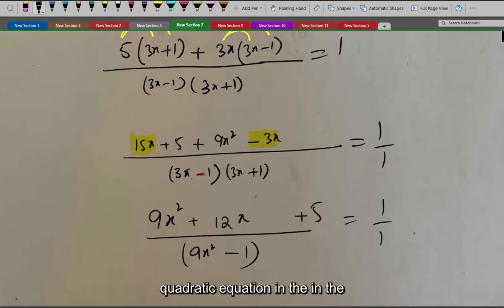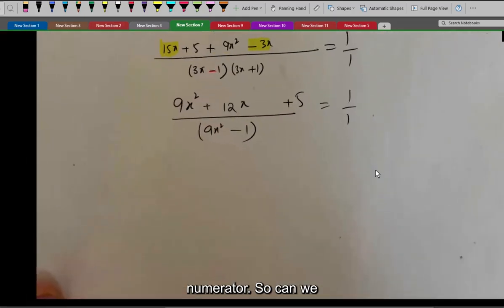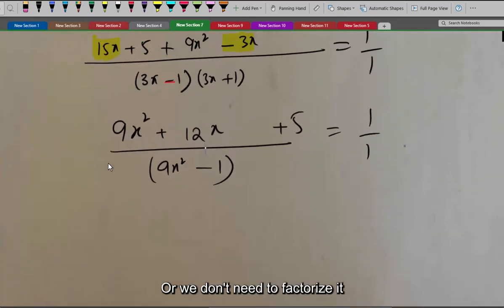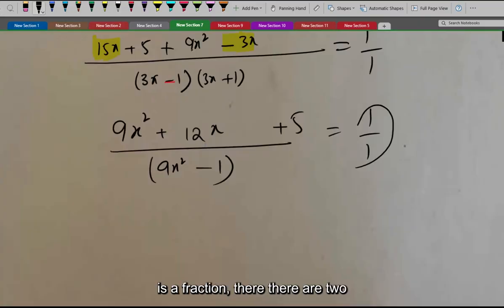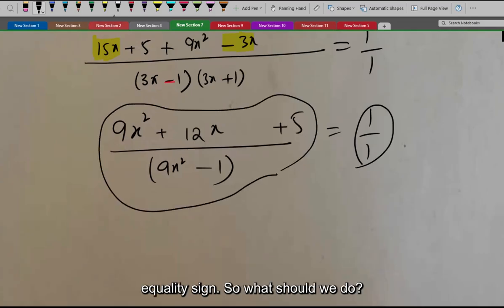And what do you think about it? There is a quadratic equation in the numerator. So can we just factorize it, or we don't need to factorize it actually? So there are two fractions, and there is an equality sign. So what should we do?